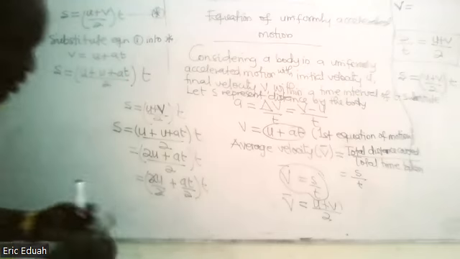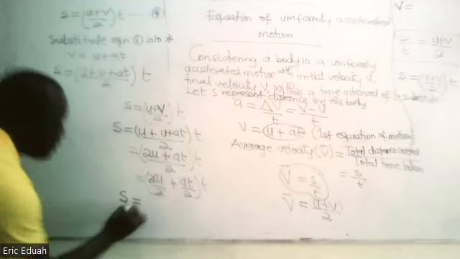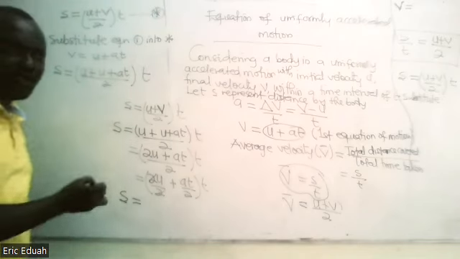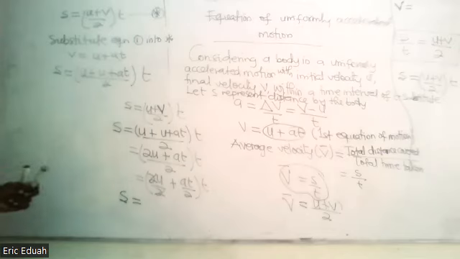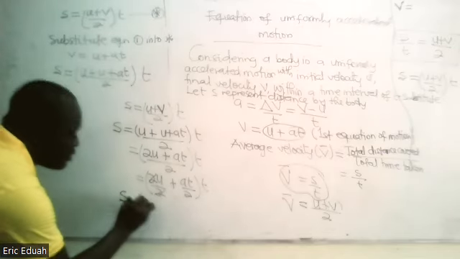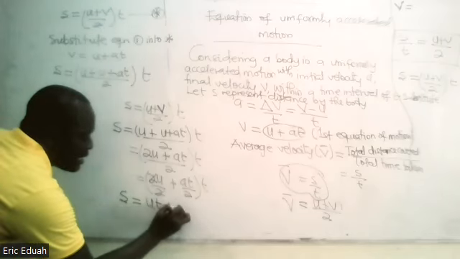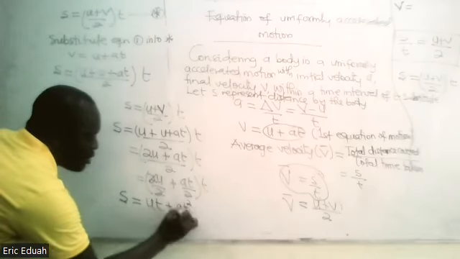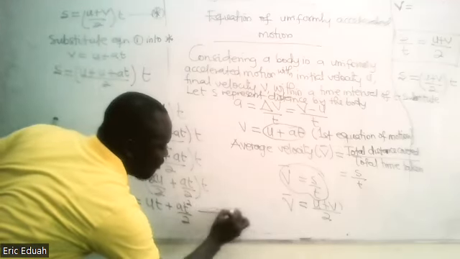So do it for me. What will be the final equation here? S is equal to UT plus AT squared on 2. So UT plus AT squared on 2 becomes the second equation of motion.